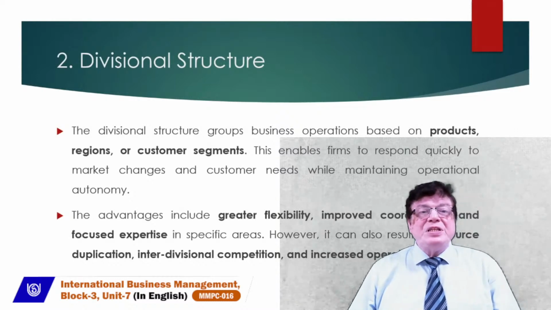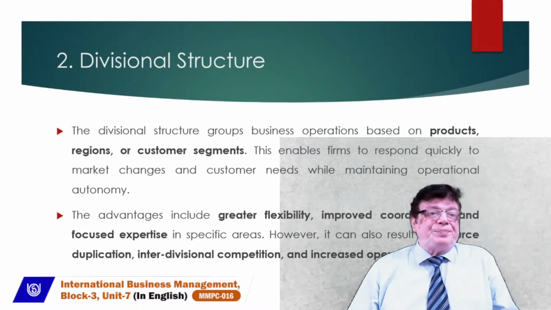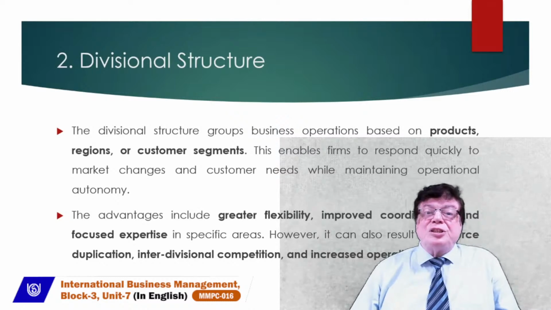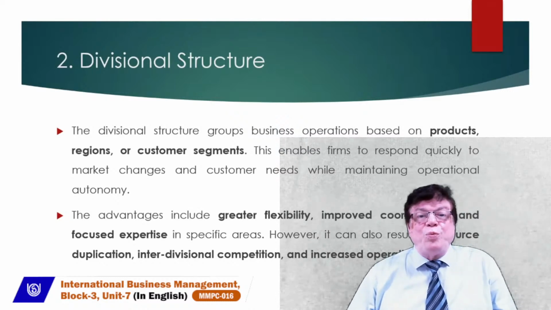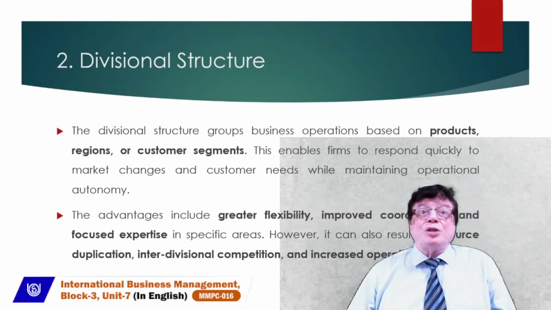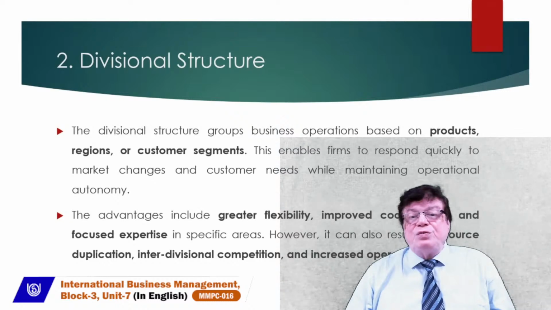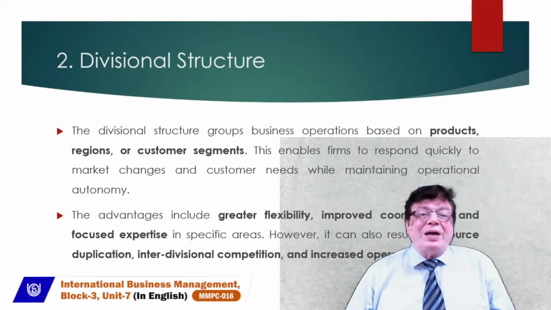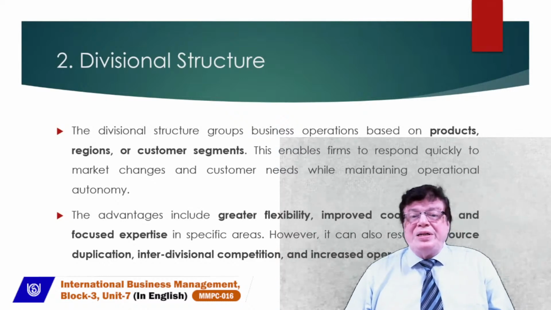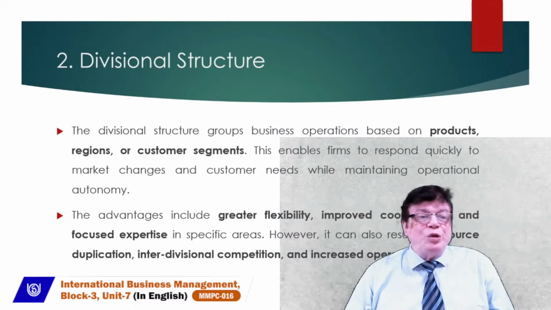Next is divisional structure. The divisional structure groups business operations based on products, regions, or customer segments. This enables firms to respond quickly to market changes and customer needs while maintaining operational autonomy.